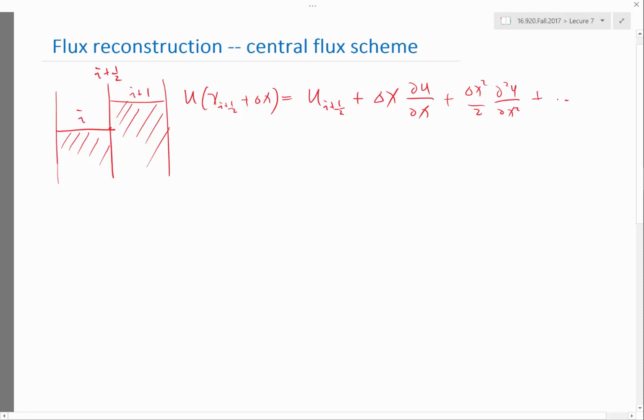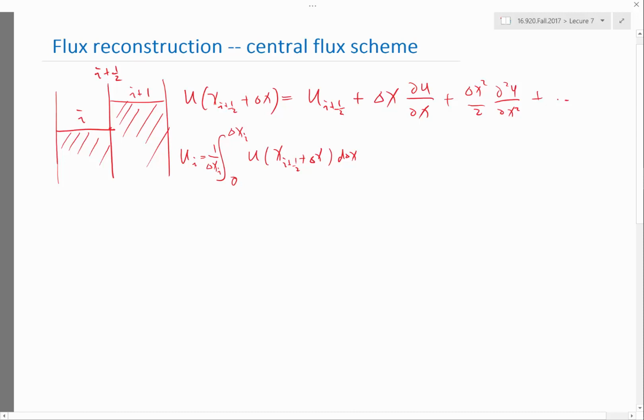So from this, I can compute my volume averages. I know my ui is going to be 1 over delta xi times the integration over delta x from 0 to delta xi of u at x I plus half plus delta x, d delta x, right?